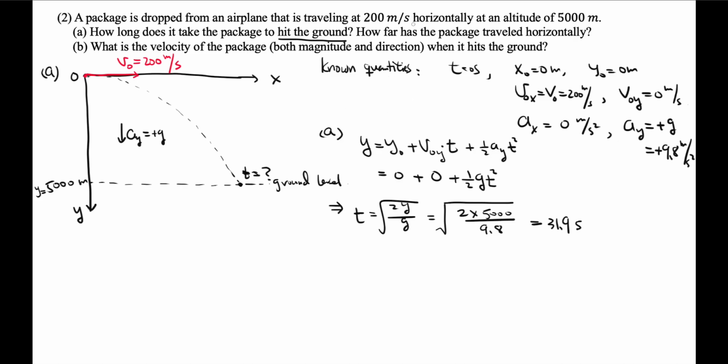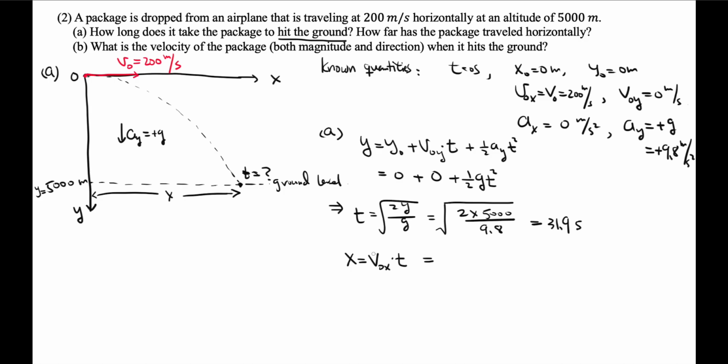Second part of question A is how far has the package traveled horizontally? Now the horizontal displacement here, let me call this x. That's also the coordinate of the final position in the horizontal axis. So x equals v naught x times t.